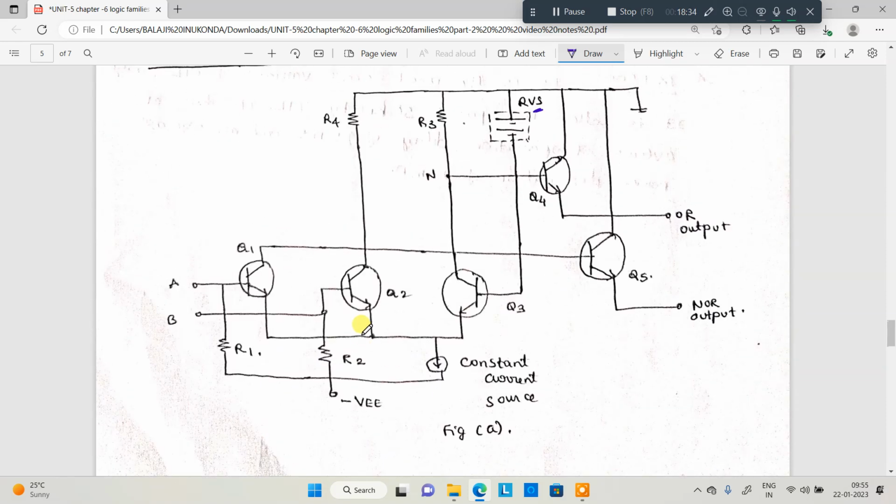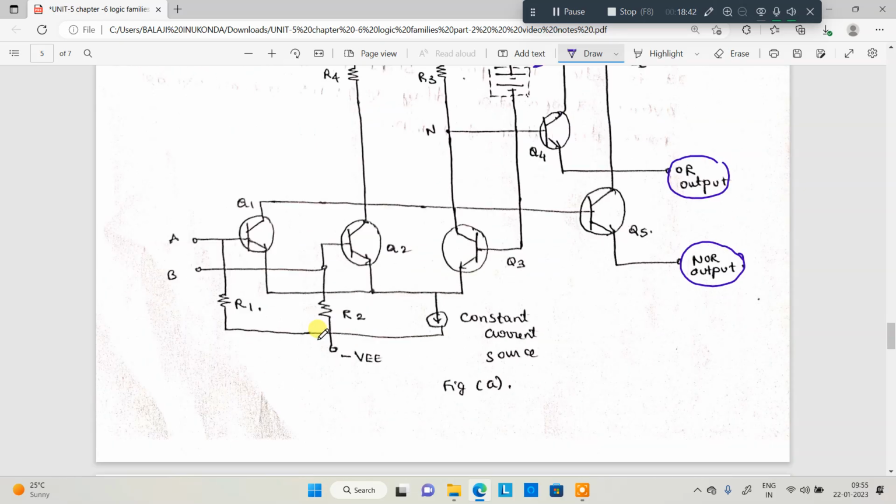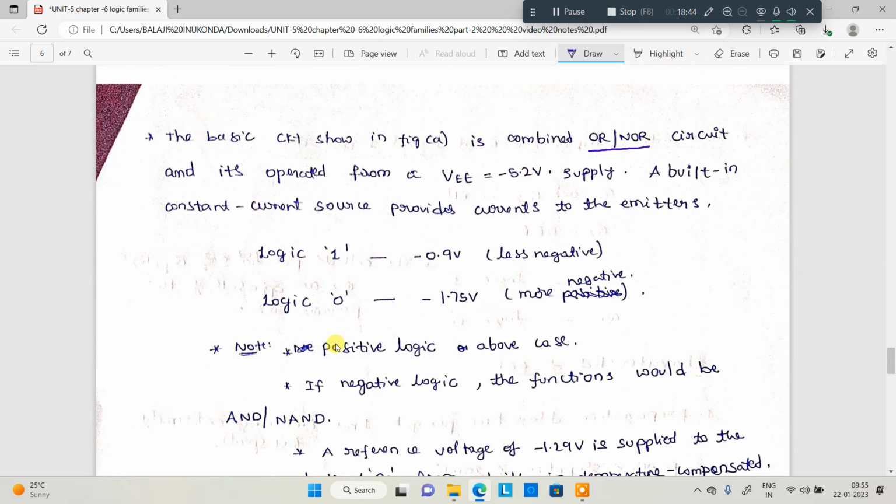One output is the OR output, and the other output will be the NOR output. These are complementary to each other. It is operated from VEE, assume minus 5.2 volt. For your understanding and working purposes, I am taking this particular voltage. There is a built-in constant current source provided by the emitter.